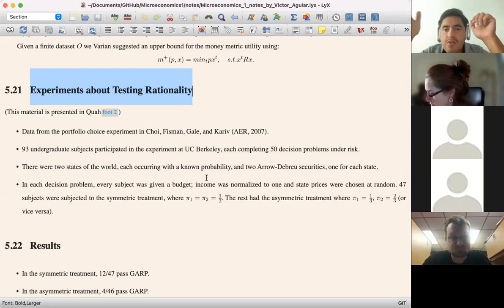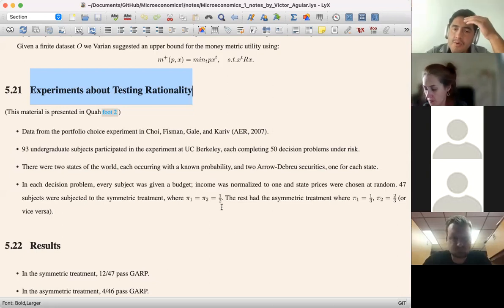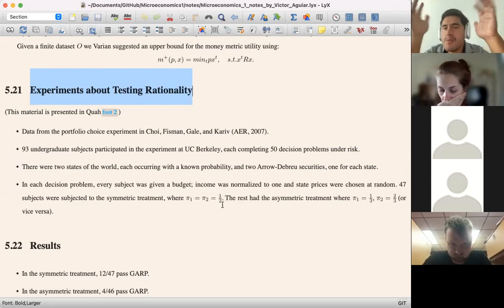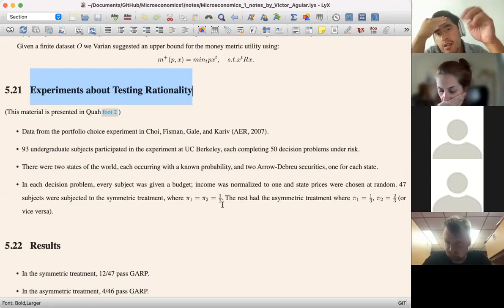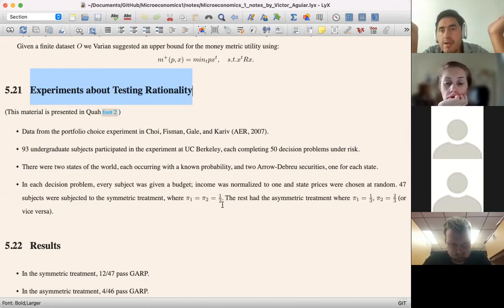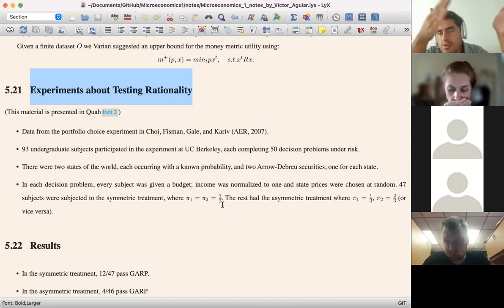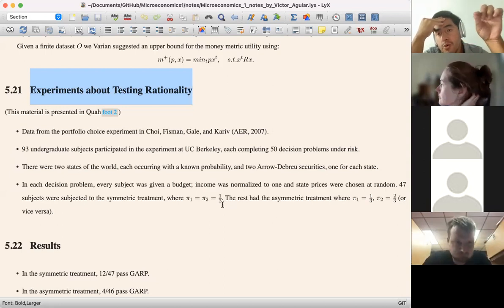And the probabilities of the states are 1/3 and 2/3, and 1/2, 1/2, if they have treatment and control for that. They run these probabilities, the state is realized, and then they are paid according to this insurance, right? So they receive the money according to that. I'm going to describe the payment scheme in a second. But right now, the important thing is that people will show up, they get paid for showing up.